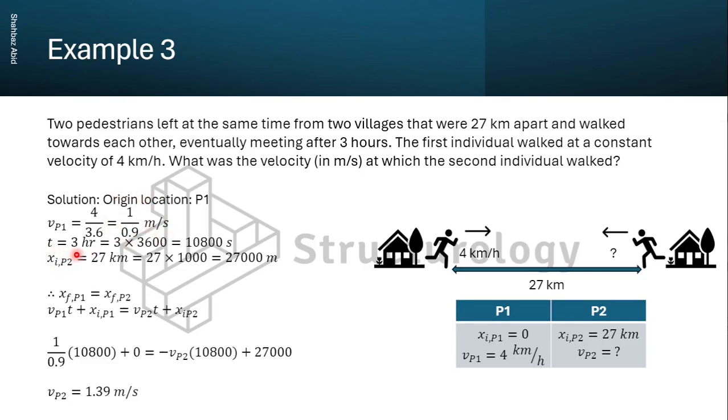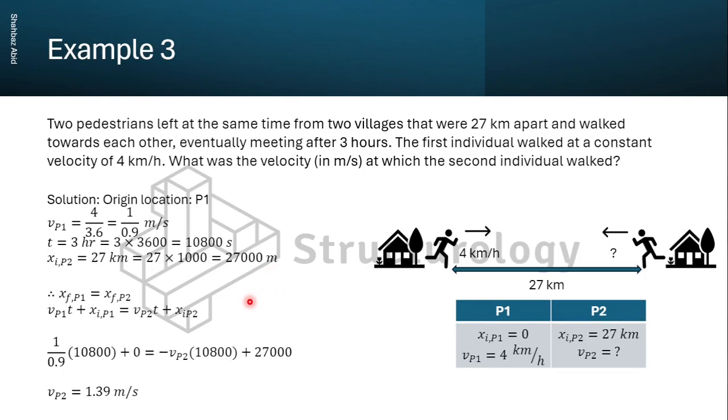Whereas the time was 3 hours. In order to convert hours to seconds, you have to multiply with 3600, so it's going to be 10,800 seconds. The initial position of P2 was in kilometers, so to convert kilometers to meters, you have to multiply with the 1000 conversion factor, so it's going to give me 27,000 meters.